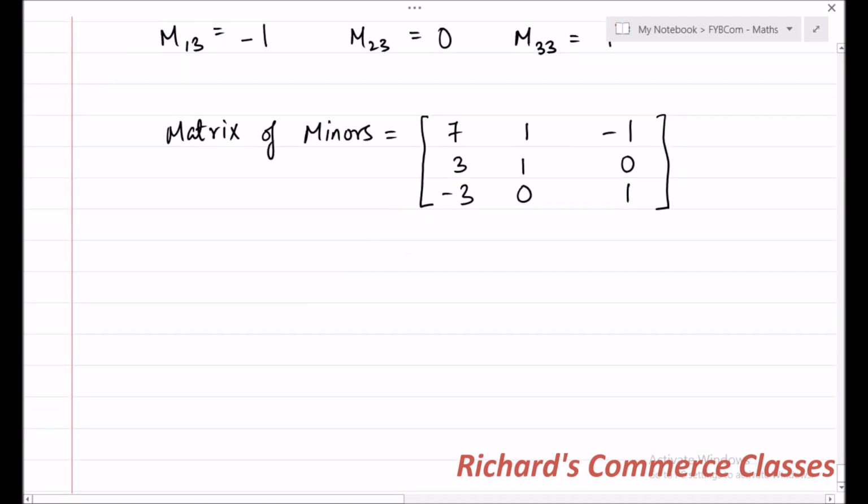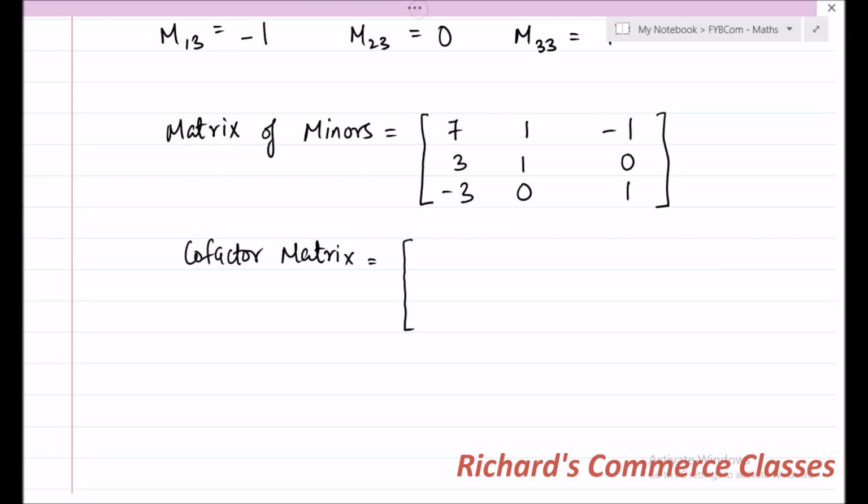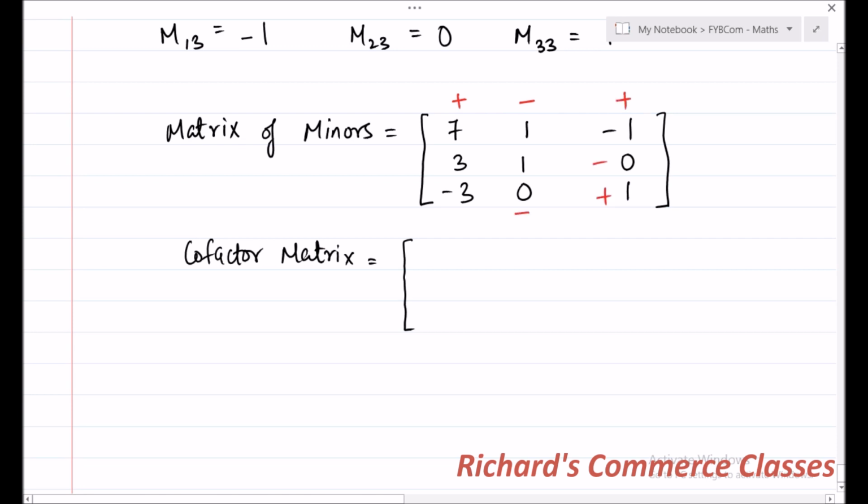Next step will be to calculate the cofactor matrix. To calculate the cofactor matrix, remember you have to apply those changes in signs, starting with plus, moving on to minus, plus, minus, plus, minus, plus, minus, plus.